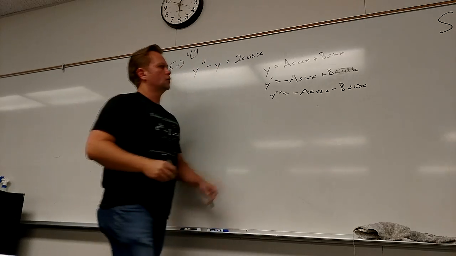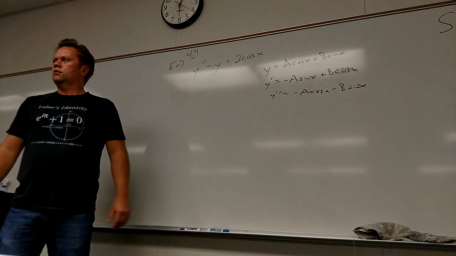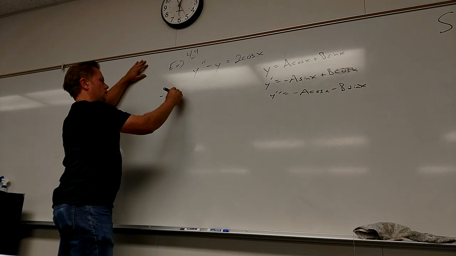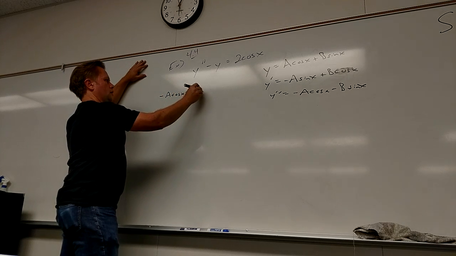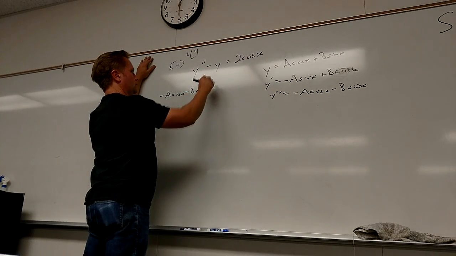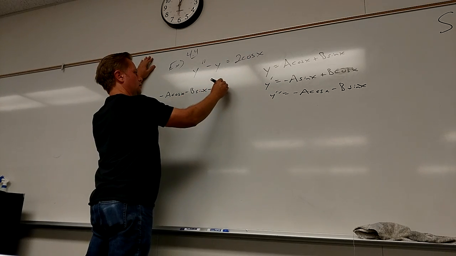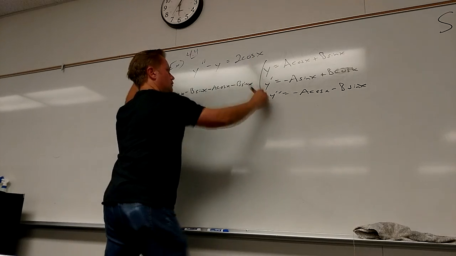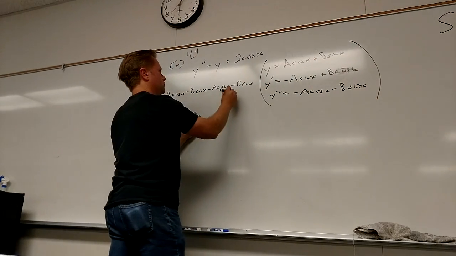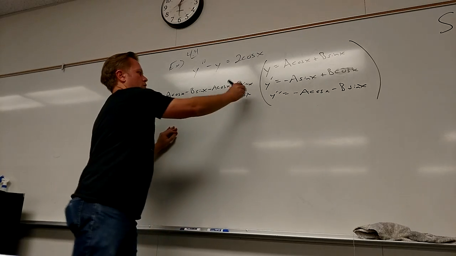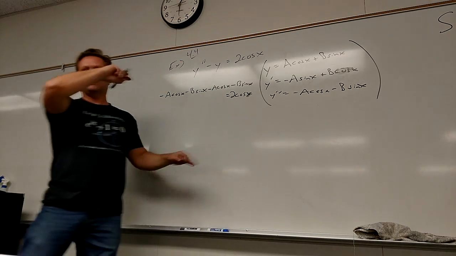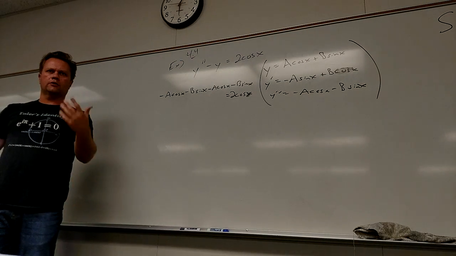And now if I throw this stuff in there, I get negative a cosine x minus b sine x minus a cosine x minus b sine x equals 2 cosine x. So I got my guess. I did my derivatives. I plugged stuff in. And now it's just a matter of equating coefficients.